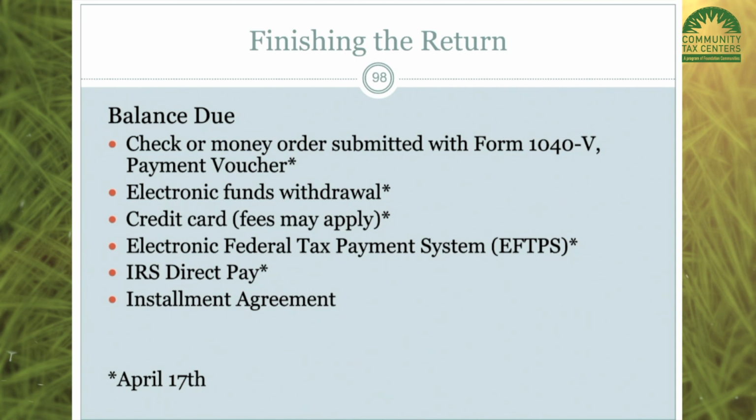Then we have the installment agreement. Some people feel like based on their amount that they won't be able to pay it in full by the due date, April 18th. So they're going to sign up for a payment plan with the IRS, or maybe they already have one. Typically, the IRS takes this one if your balance is under, I believe, either $25,000 or $50,000. I can't remember right now.